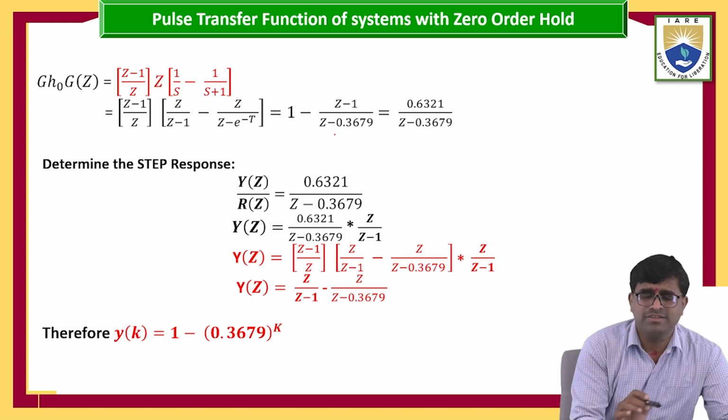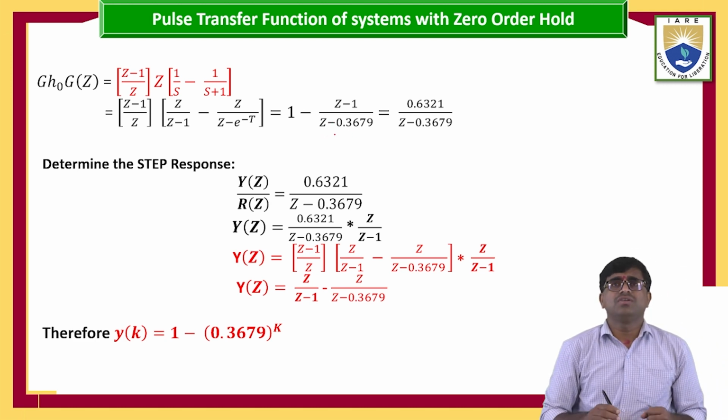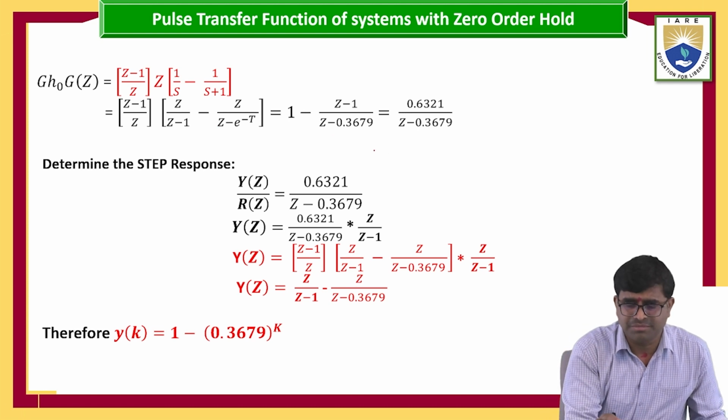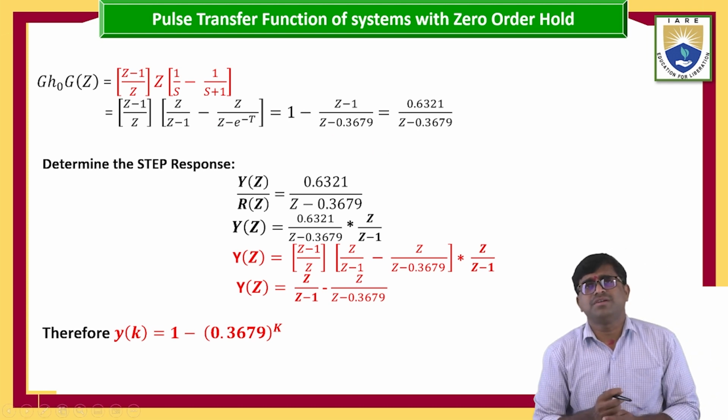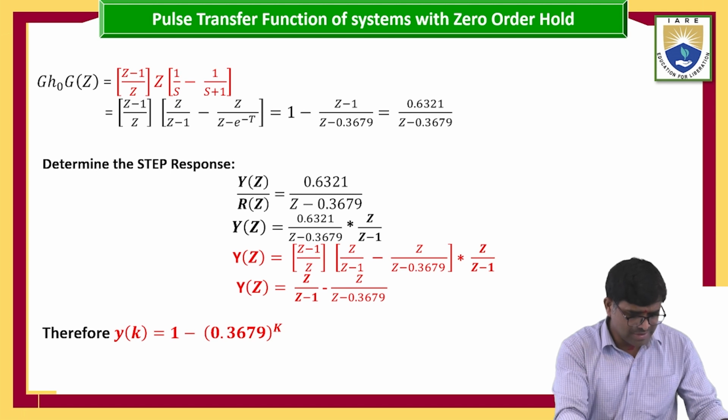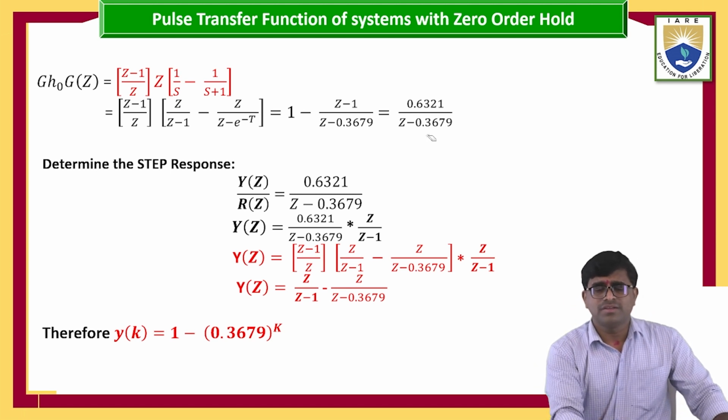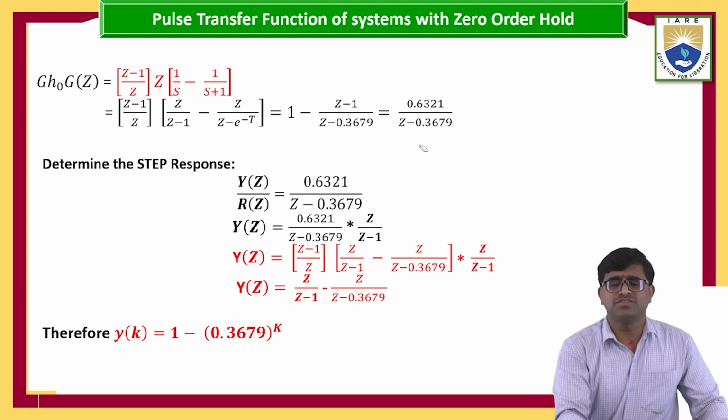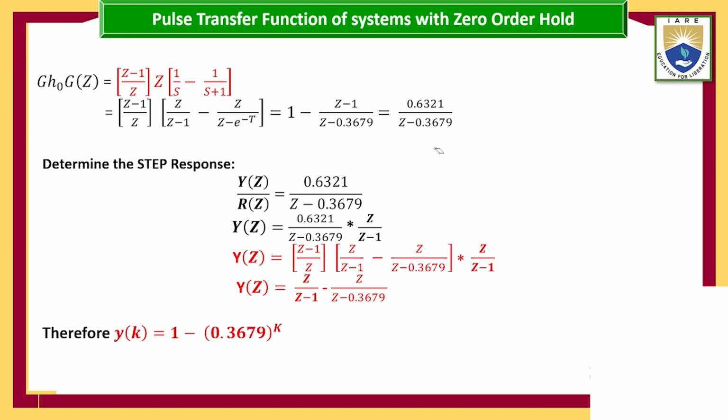So z minus 0.3679 is coming, the e power of minus T value. If you solve this one, we got the value as 0.621 by (z minus 0.3679). So this is our pulse transfer function.